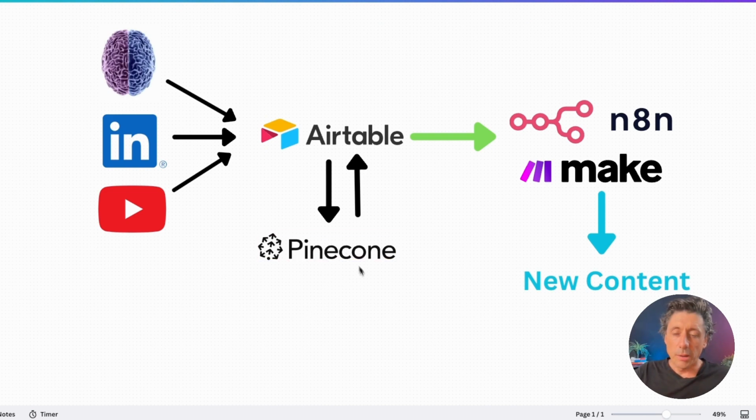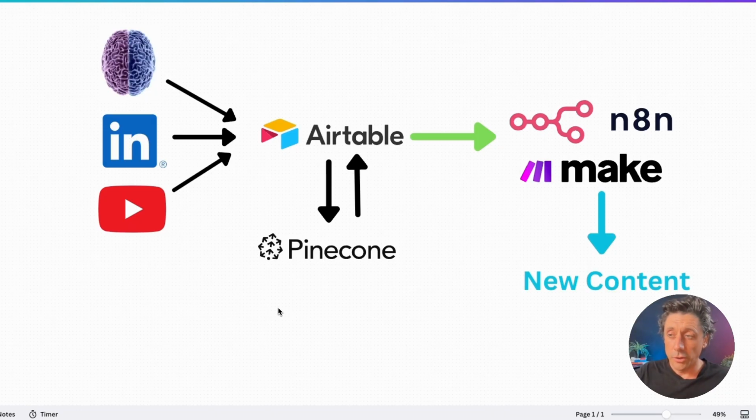Just a quick summary, Pinecone's a vector database that allows you to store a lot of information. So what you can do is create an expert in your niche or on your brand. So instead of relying on ChatGPT or Claude to go and write some content that's related to your company, your brand, your niche, it'll do an average job at best, because it can't be an expert at everything.